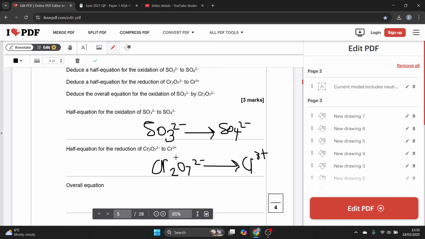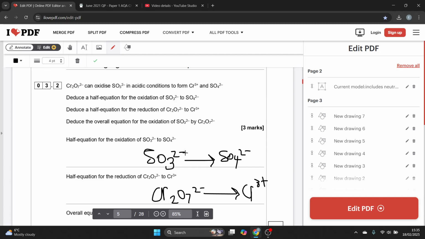So SO3 2 minus to SO4 2 minus: I just need to add an H2O here, then I need to add 2 H pluses here, and then I need to add 2 negatively charged electrons here. Everything balanced: 1 sulfur, 1 sulfur, 4 oxygens, 2 H plus, 2 H plus. Charges are not balanced, are they? No, they are balanced. Yeah.